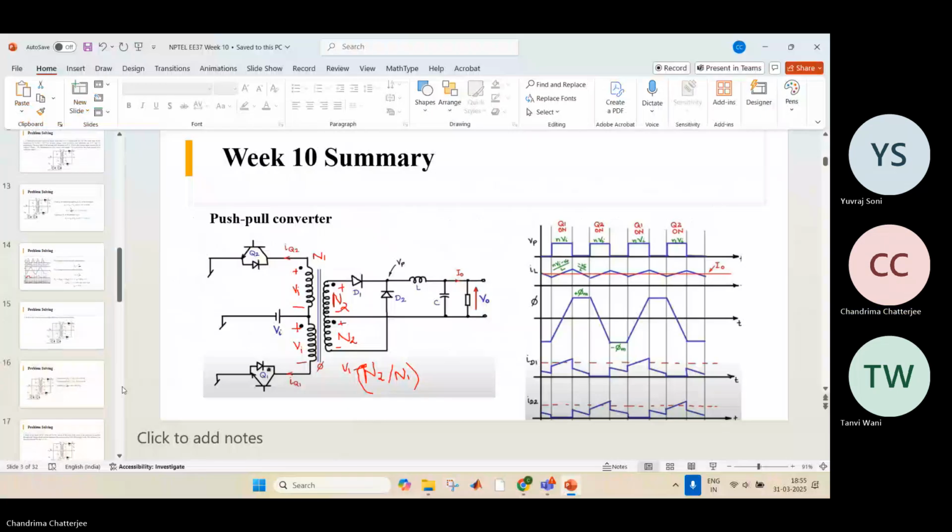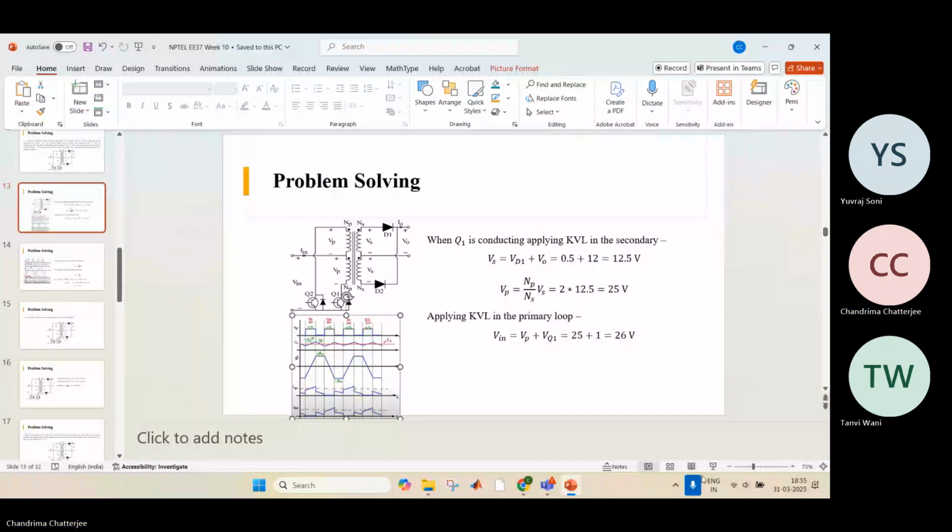If you see the waveform here, when Q1 is on, current flows like this.